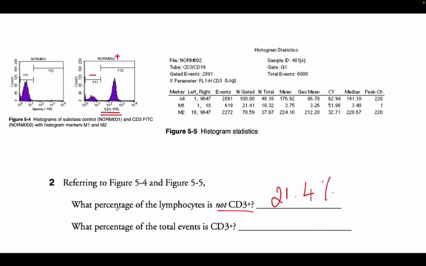Then it's asking which percentage of total events is CD3 positive. That is the percentage of the events present in the M2 gate, and that is 78.59. So this is the kind of statistics we can do by introducing these gates in our analysis.